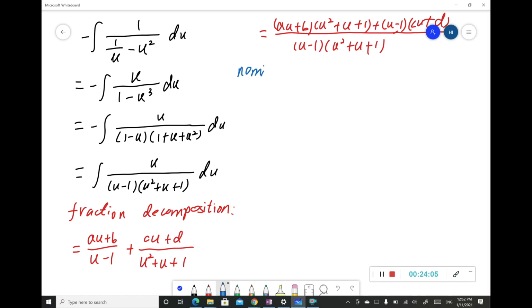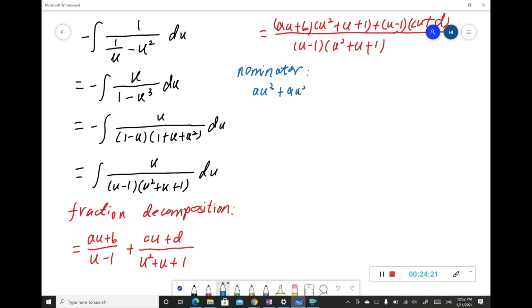Okay, and for the numerator part, we could expand it and then compare it with the original one, and then we could calculate all the parameters a, b, c, d. So we could expand the numerator first.